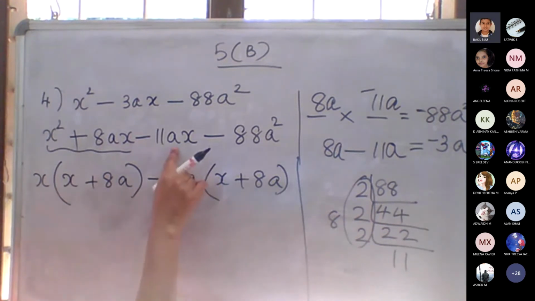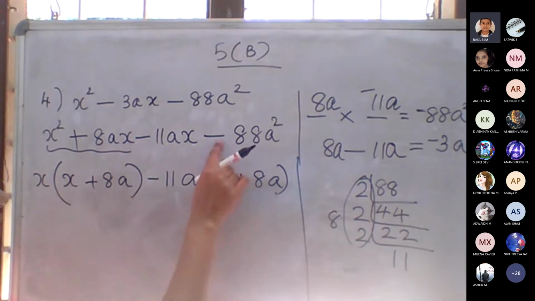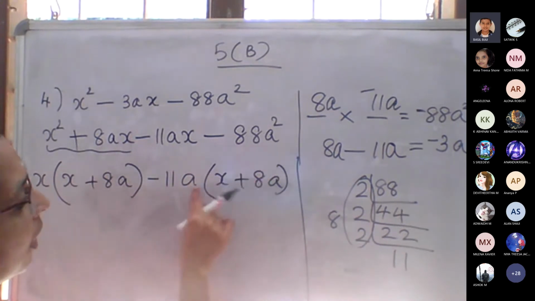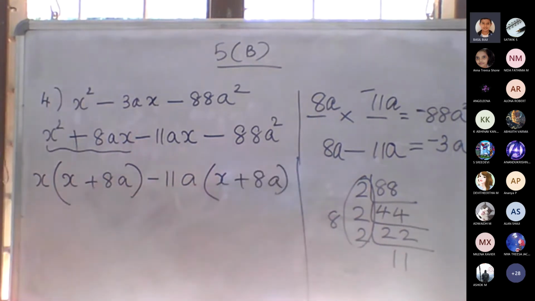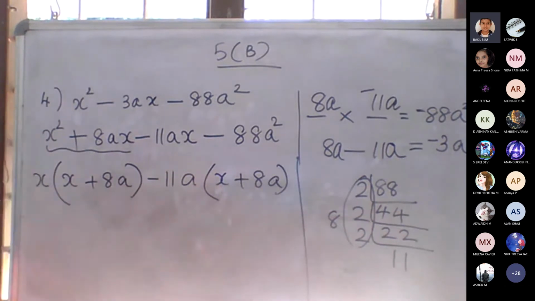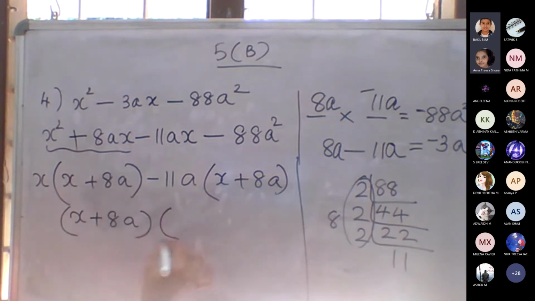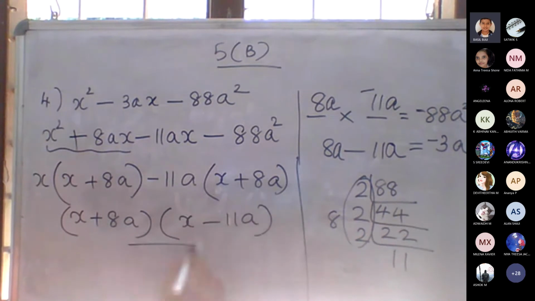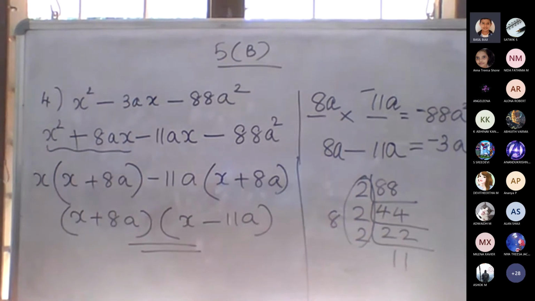We get negative 11ax, and negative into positive is negative, 11 into 8 is 88, a into a is a square. So x plus 8a into x minus 11a. The next question.